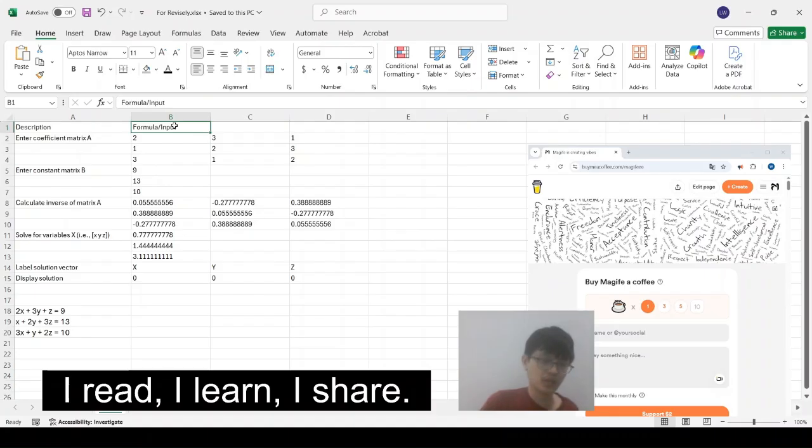But this matrix function is very useful everywhere, especially for scientists or in the engineering field. So we proceed to the next exercise.